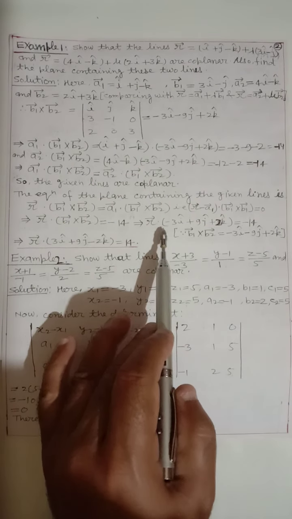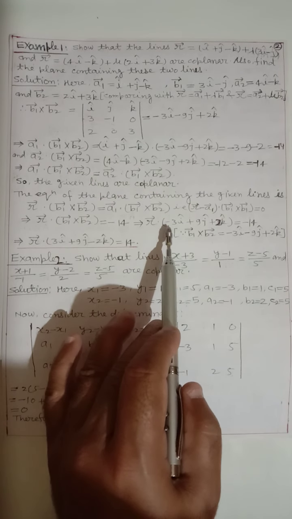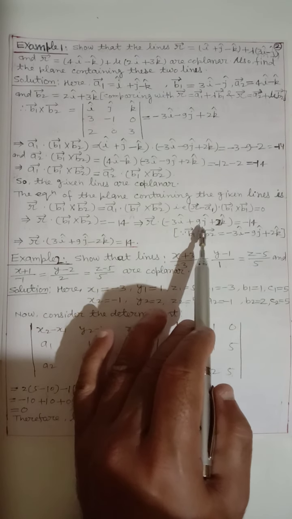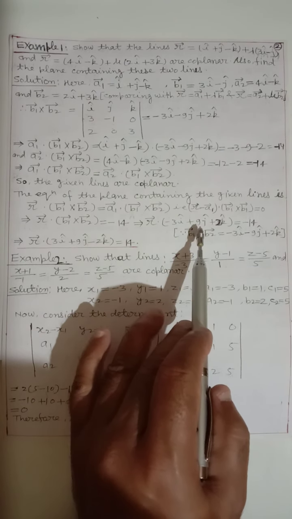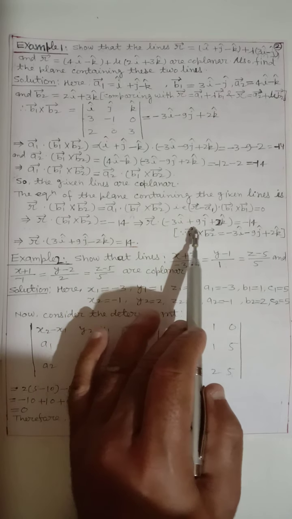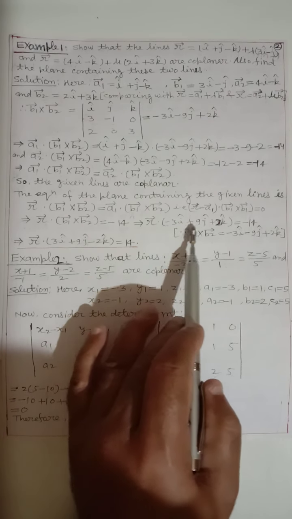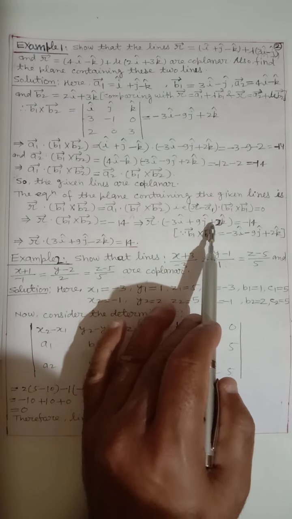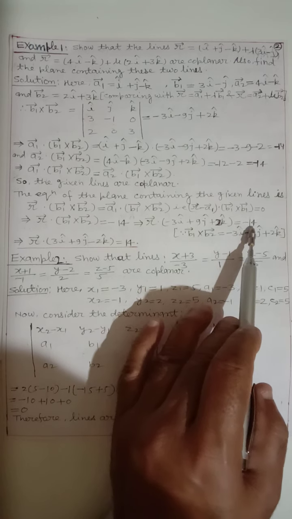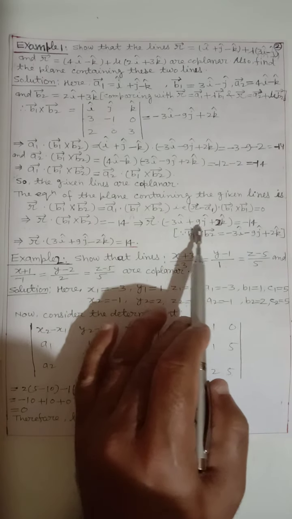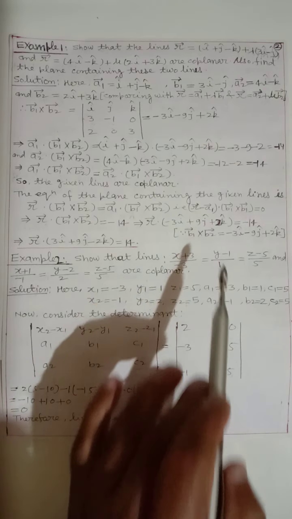So we write vector r dot minus 3i cap minus 9j cap plus 2k cap equal to minus 14.